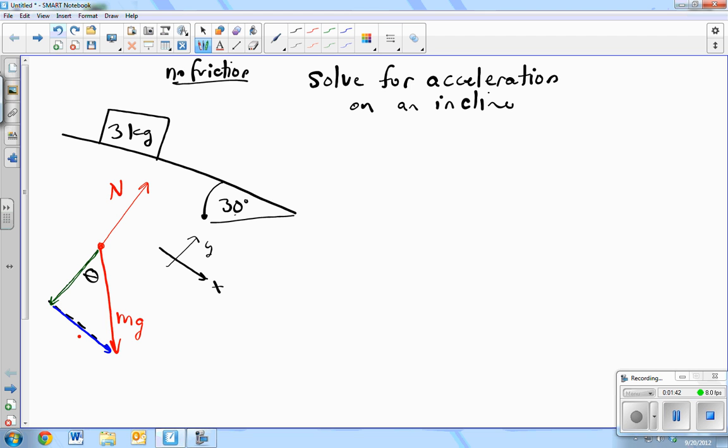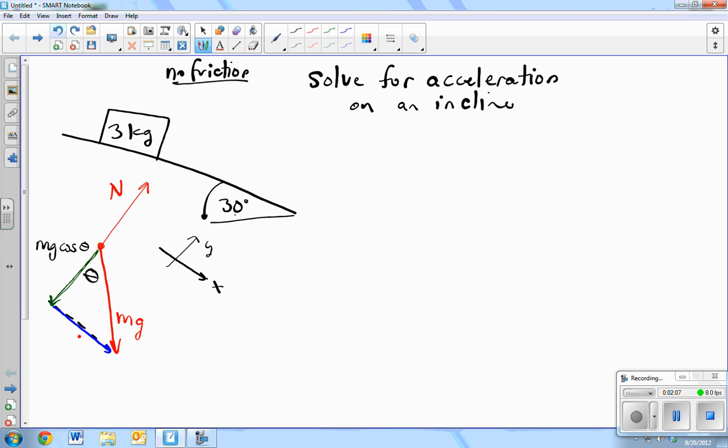What is the value of gravity in the y direction? It's cosine because we're on the adjacent side. Cosine 30 times the hypotenuse, so mg cosine theta.